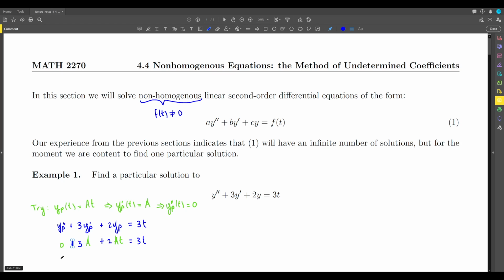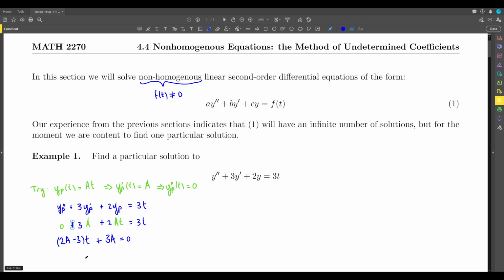Now we have (2a - 3)t + 3a = 0. Now a is a constant, and this has to be true for every t. So the only way that can be is if this coefficient is 0.